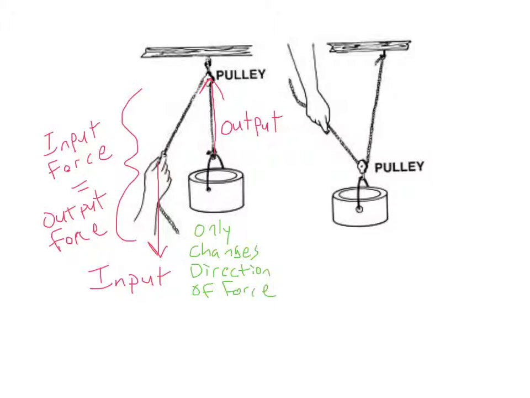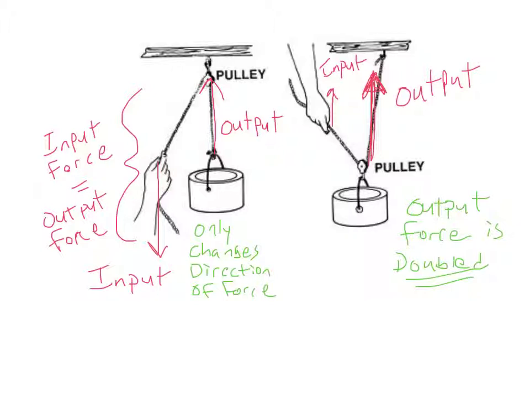However, when arranged as in this picture here on the right, the output force is doubled. The force applied to the load is increased, and the distance it's moved is decreased. For this pulley system here on the left, the distance that you pull the rope would be equal to the distance that the load is raised.